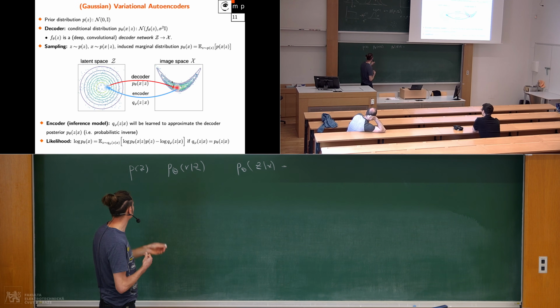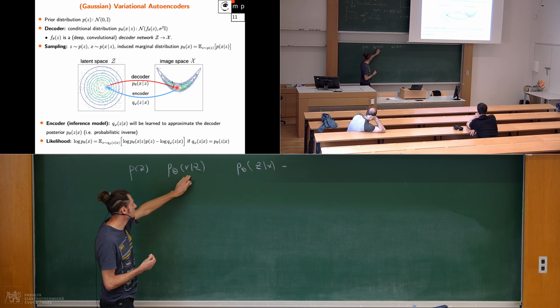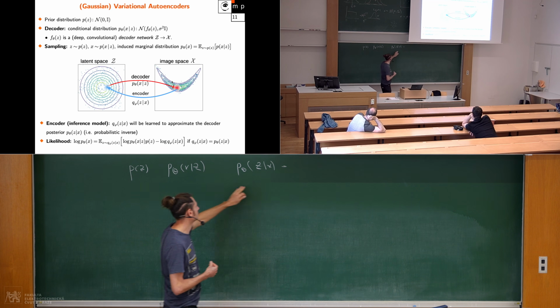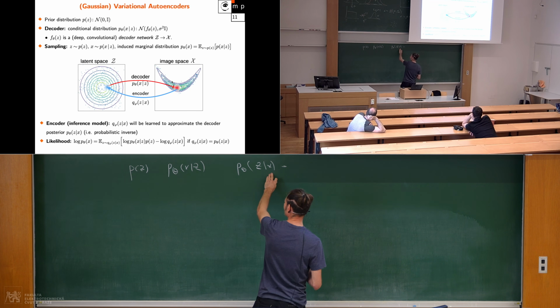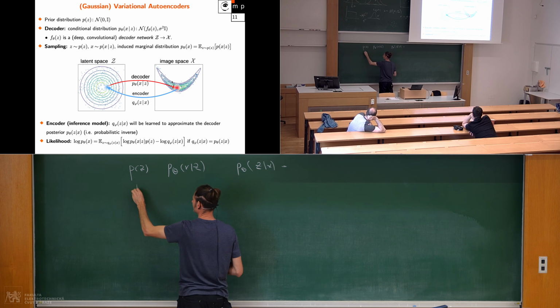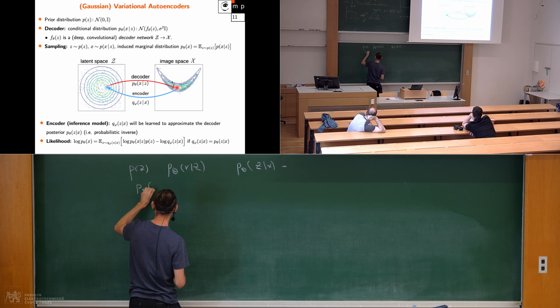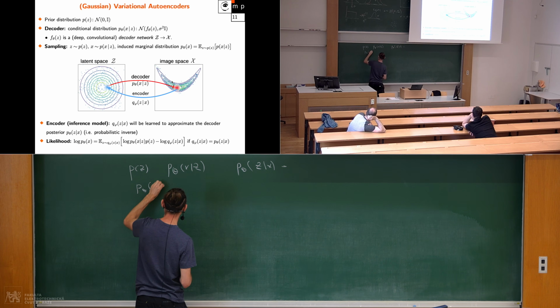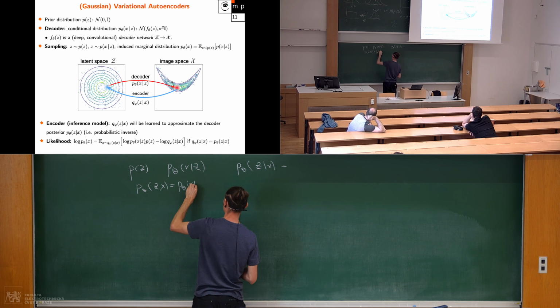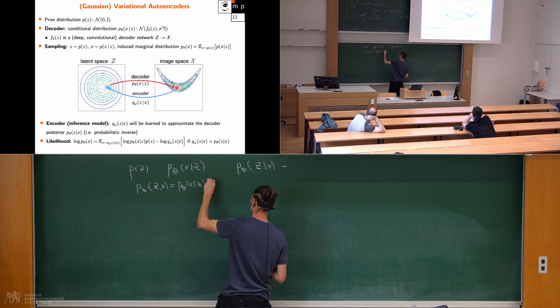So we have the prior distribution. This is our observation model. And this defines some joint distribution of z and x, which will be p theta of x given z times p of z.